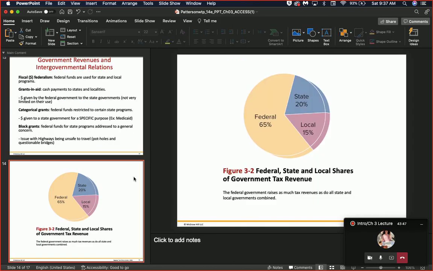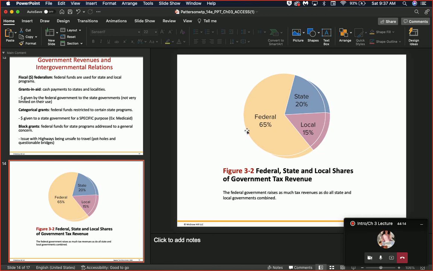So, the federal government raises as much tax revenue as do all the state and local governments combined. Okay, so this is showing you a graph here. Whenever you take the federal government and compare it to the state governments and the local governments and how much taxes they take, the federal government takes a huge amount compared to these two.